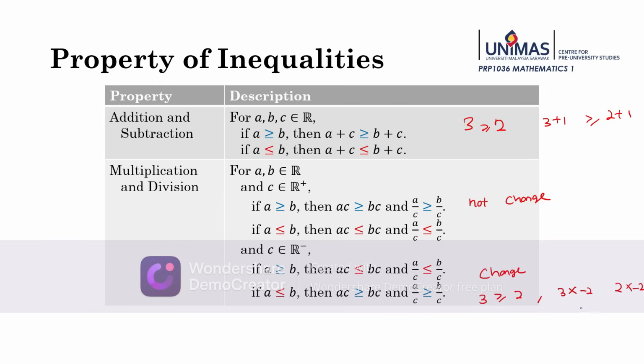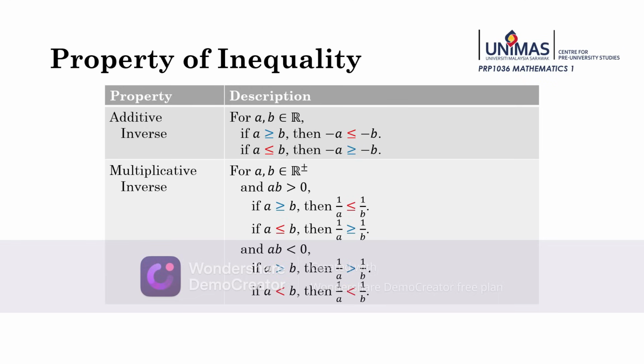Because you get negative 6 and negative 4. So negative 6 is smaller than negative 4. Can you see? From greater than or equal to, after multiplying with a negative value, the end result is actually less than or equal to. The sign is changing.